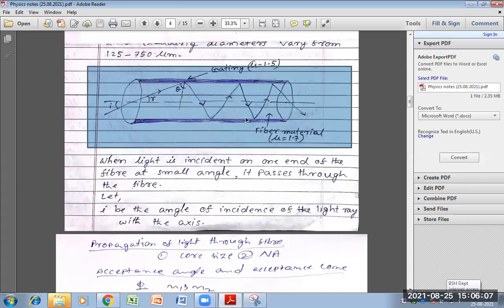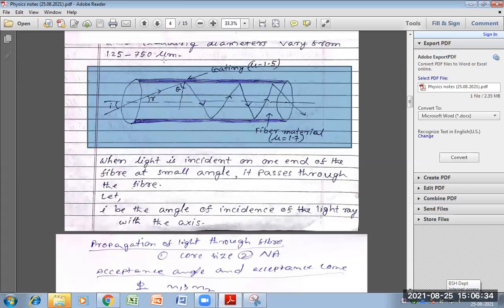Now again, I will repeat these things. Optical fibers are made in length of 1 kilometer. It can be joined using suitable connectors. Its outer range is from 0.1 to 0.15 millimeter, core diameter range from 5 to 600 micrometer, and cladding diameter varies from 125 to 170 micrometer.